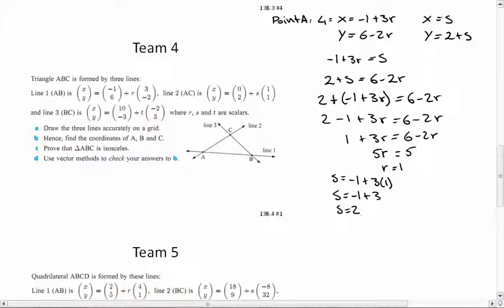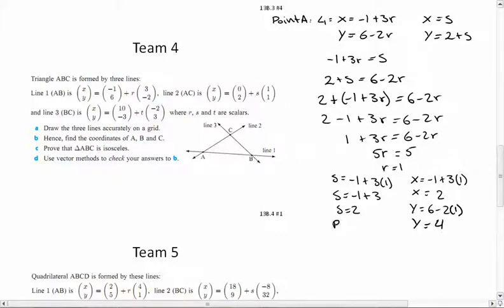And then you plug it back into the first equation to find x. You can choose to do it with the equation of the first line or the second line. It doesn't matter because it's going to give you the same x value. And then for y, which is 6 minus 2r, r is 1, so y is 4.